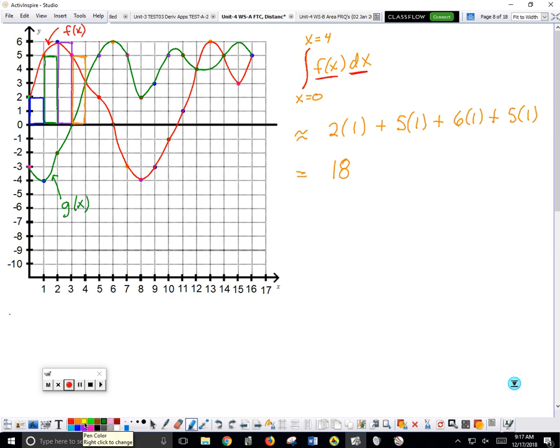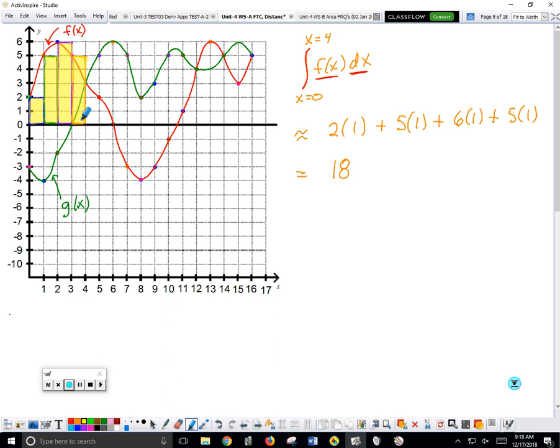18 is my Riemann approximation. Well, 18 is precisely this yellow area that I'm drawing right now. So 18 is this yellow area, which I'm now compelled to finish since it looks so nice. So 18 is the yellow area. Questions about that?